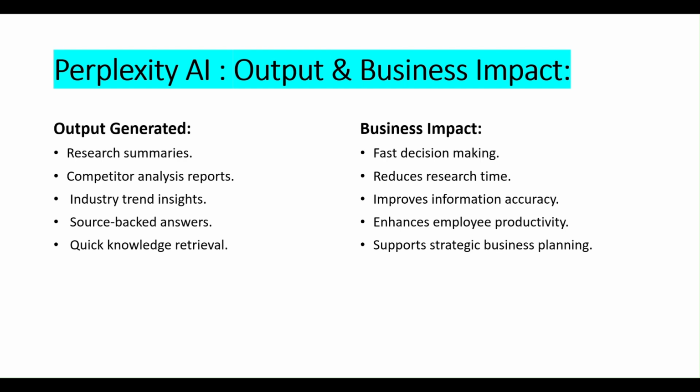From a business point of view, this helps teams save time, make quicker decisions, and work more efficiently. Since the information is backed by sources, businesses can make decisions with more confidence. Overall, Perplexity AI helps improve productivity and supports better planning.